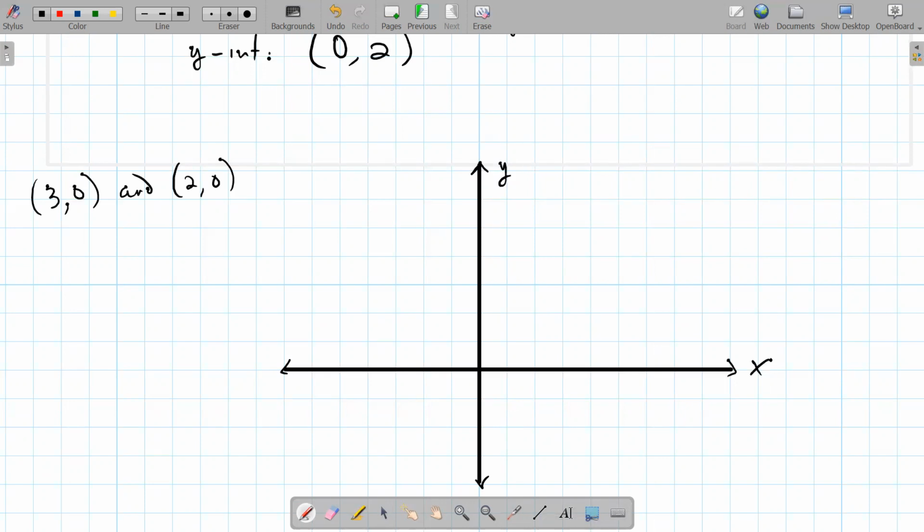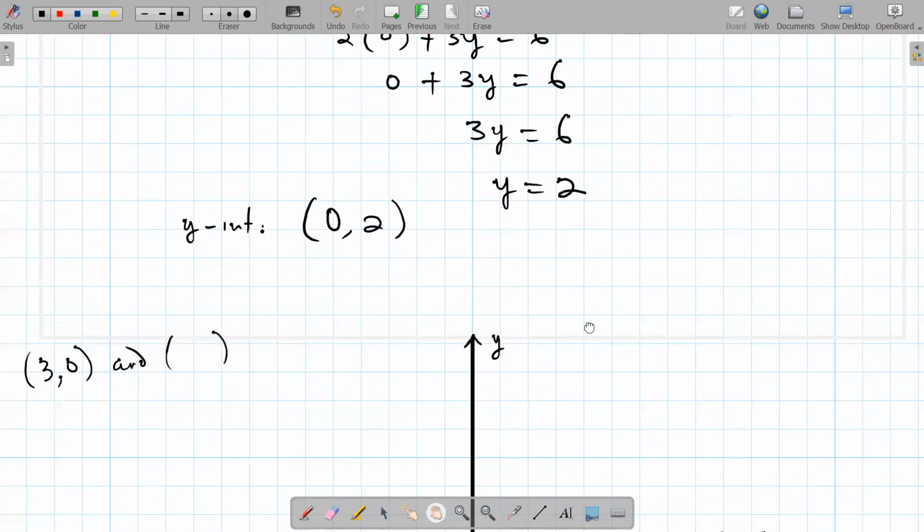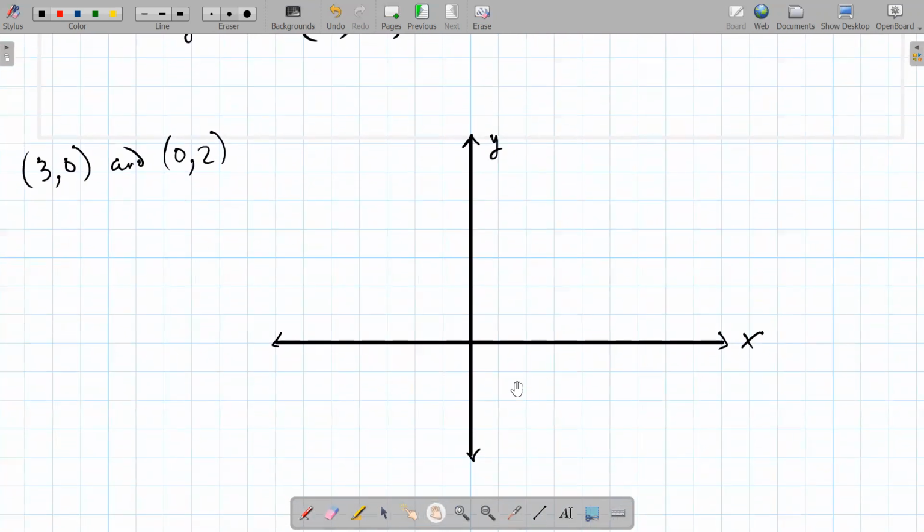All right, sorry about that. I think this is 3, 0, and 0, 2. That's what we had. So the highest y value is 2.